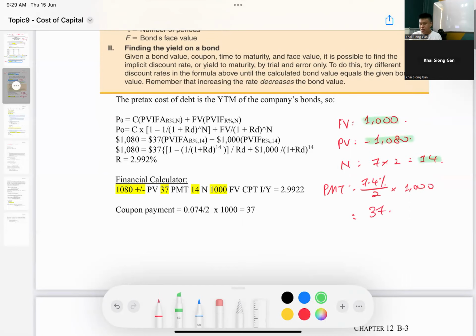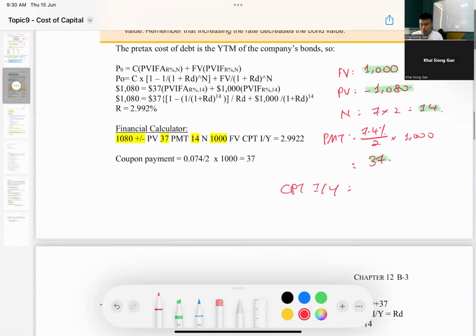Then I can compute what? Compute I/Y. So put into the calculator and compute I/Y first. But don't forget, this is for semi-annual. Later on, YTM must be the yearly one. So do not follow this one.